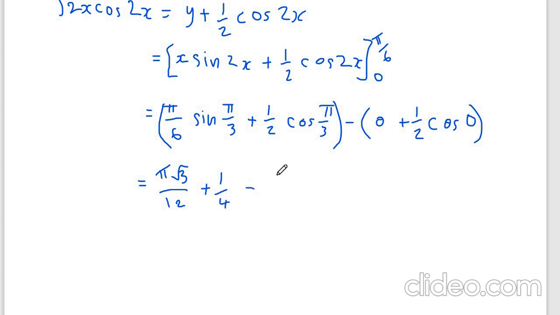And cos 0 is 1. So finally, 1/4 take away 1/2 is negative 1/4. That should be the answer.